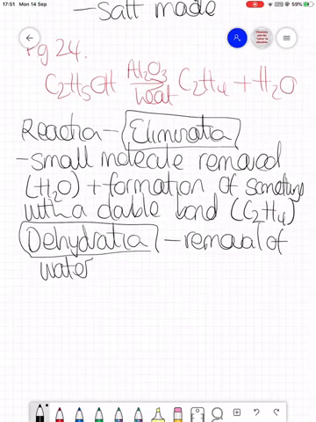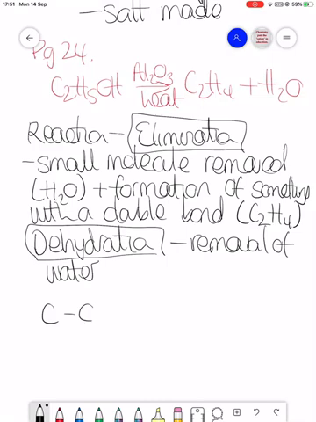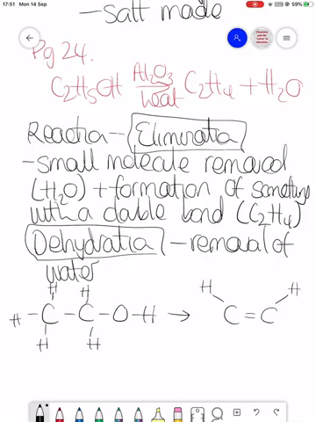Now, in terms of the change in geometry, so I'm going from this to this. So I am, again, because I'm an optimist, very hopeful that you know that these guys are tetrahedral in geometry and these guys are now planar in geometry.